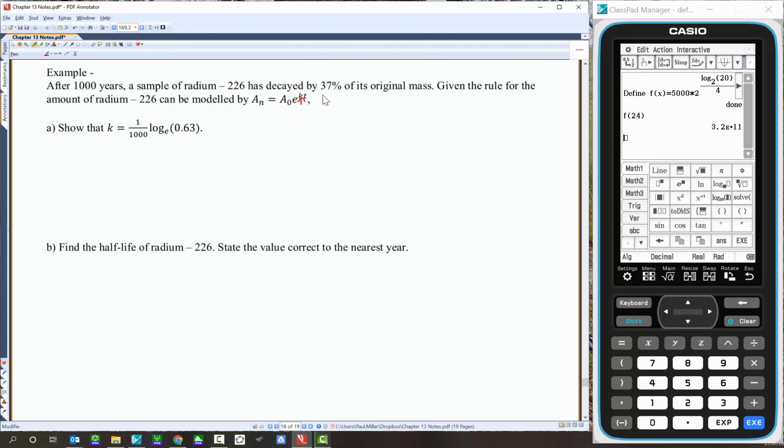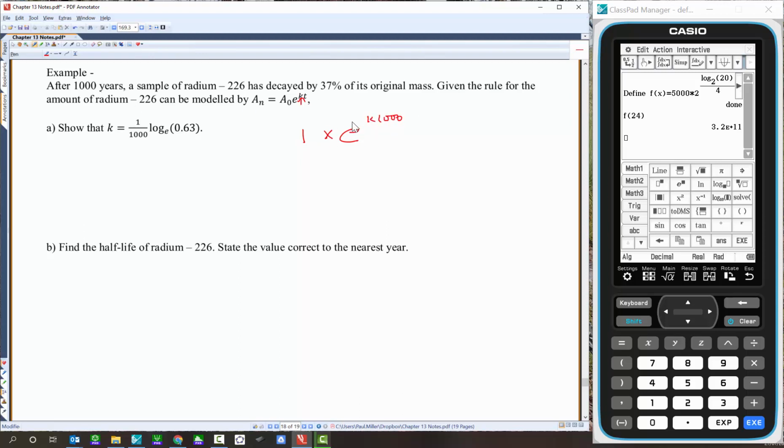Here's a little trick with these problems. I'm going to say that I've got 1 unit of the initial amount. It gets multiplied by e to the kt, where k is what we don't know, and t is time, which is 1,000 years.